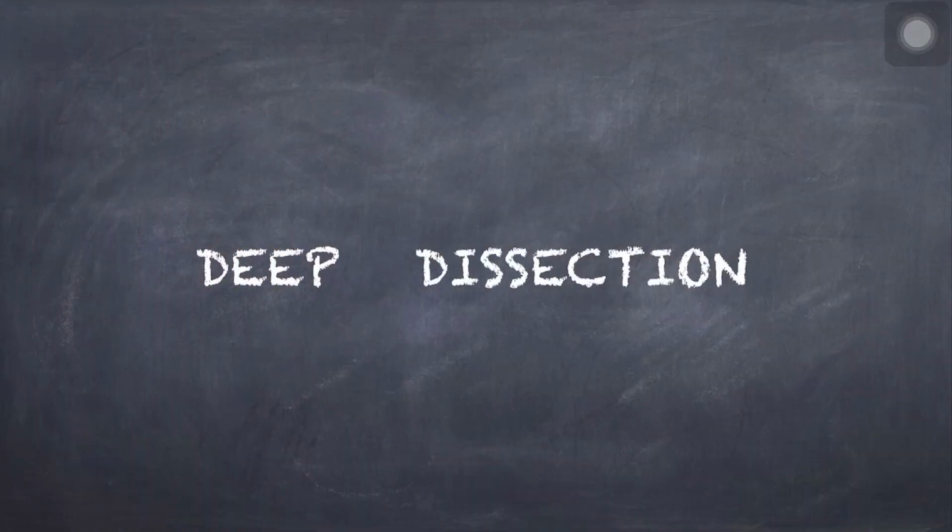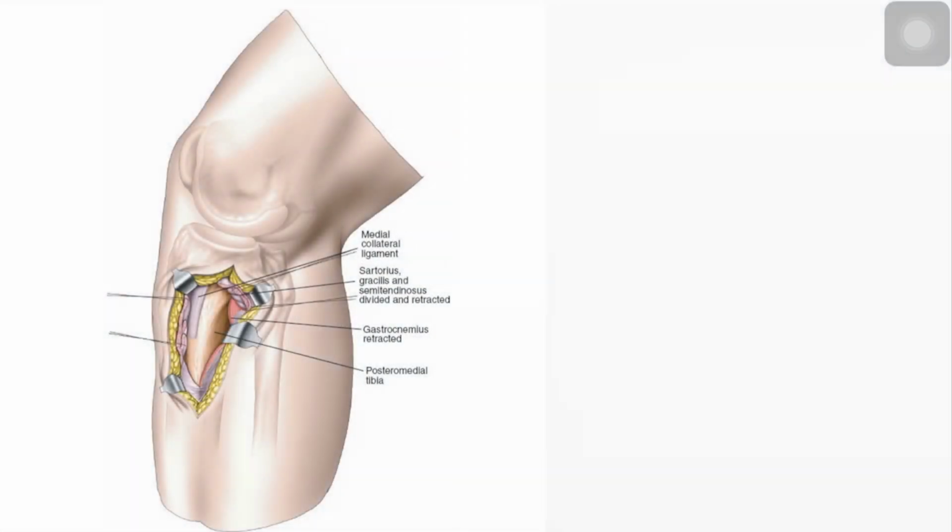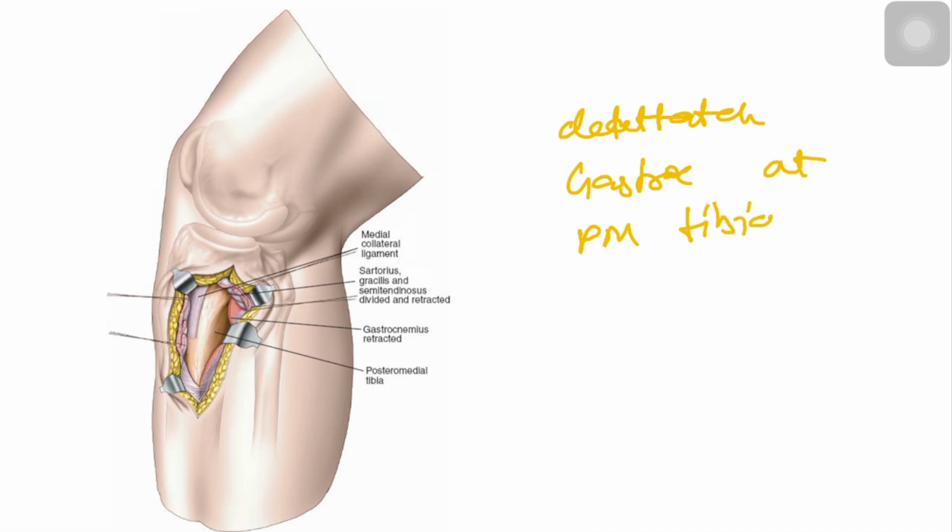So after the pes anserinus reflection or the incision, we take the deep approach. In the deep approach, we detach the medial head of the gastrocnemius at the posteromedial tibia and expose the bone.